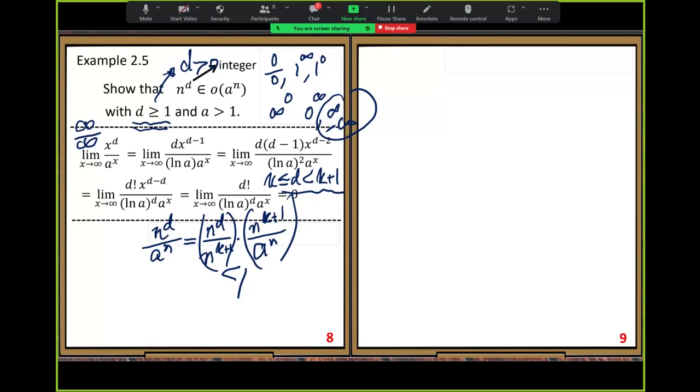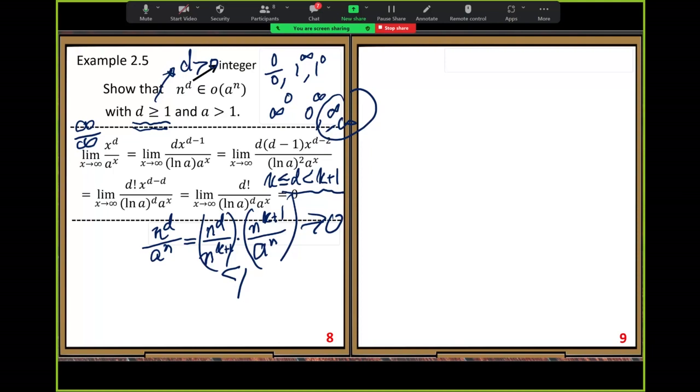The second one is an integer version. We can apply the integer version, where the ratio goes to 0. This time K plus 1 is an integer, so the ratio goes to 0 when n goes to infinity. A number less than 1 multiplied by a number that goes to 0 also goes to 0.